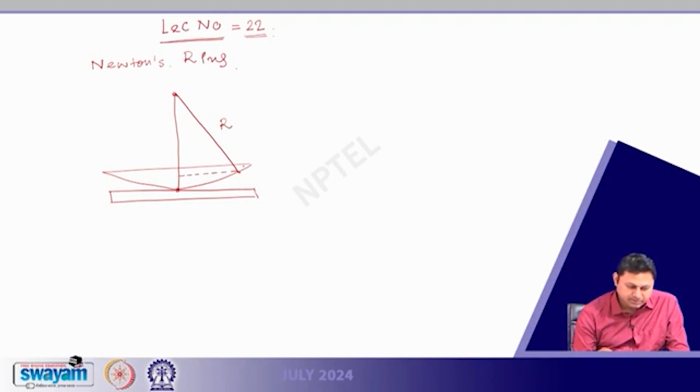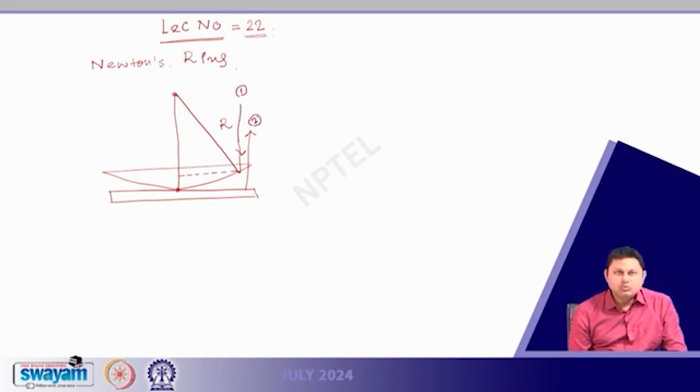Suppose the light is falling here and then gets reflected from the lower surface and interferes, and we have the interference. So this is ray 1 and this is ray 2. These two are going to interfere.